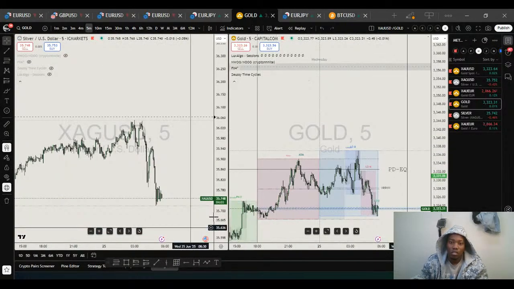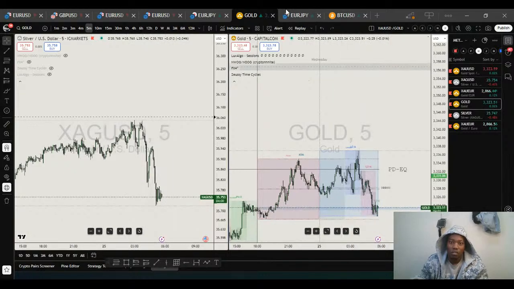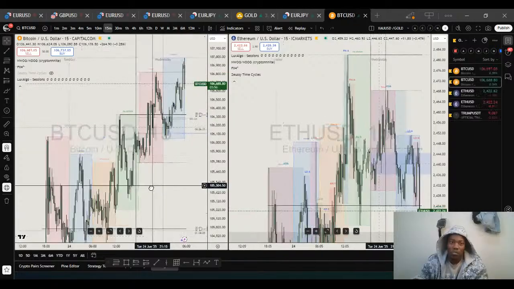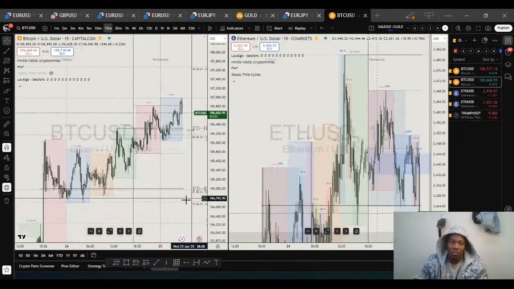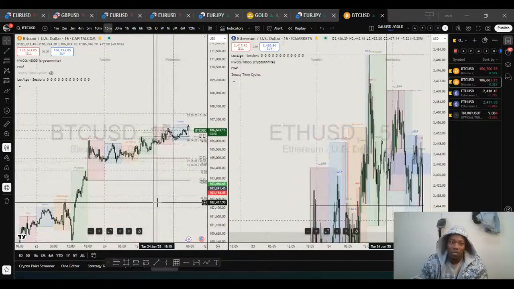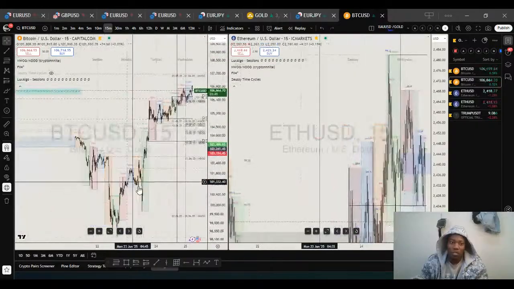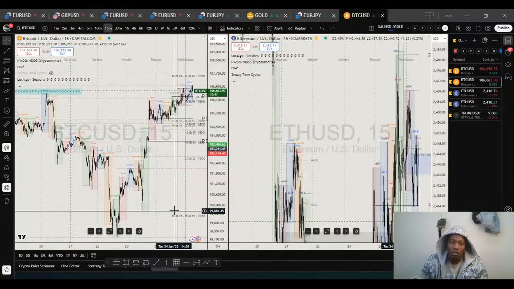I do want to see it targeting the lower imbalances. So I think they were right about the crypto reset. Here's the crypto reset.